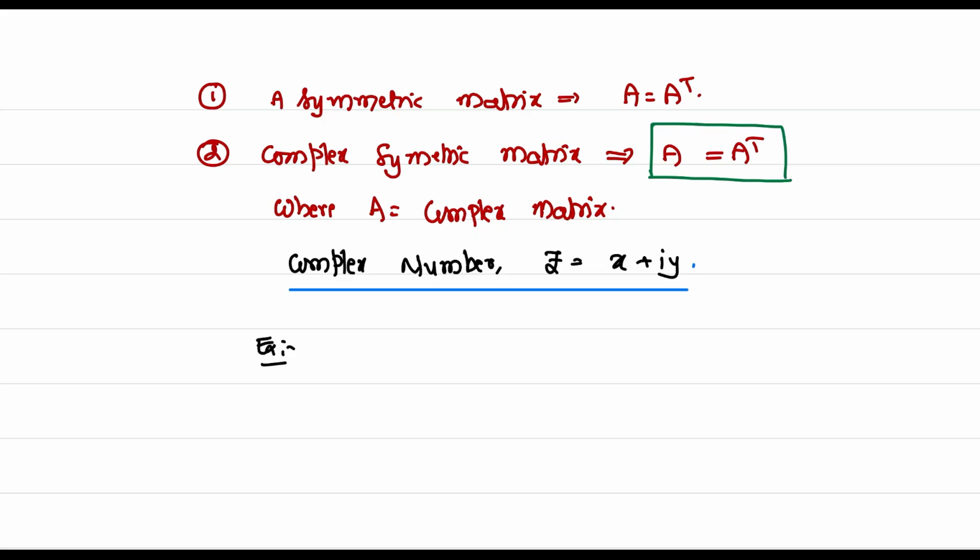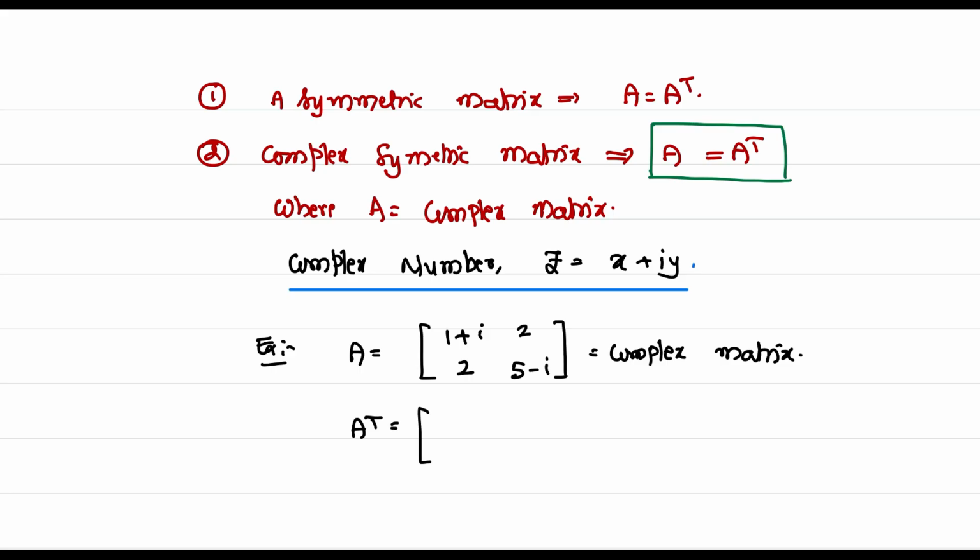Let there be a matrix A: 1 plus i, 2, 2, 5 minus i. What is it? It's a complex matrix. Because complex numbers are there, it's a complex matrix. What is its transpose? Transpose is columns will become rows and rows will become columns.